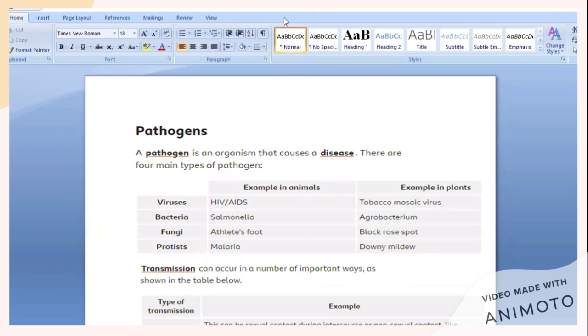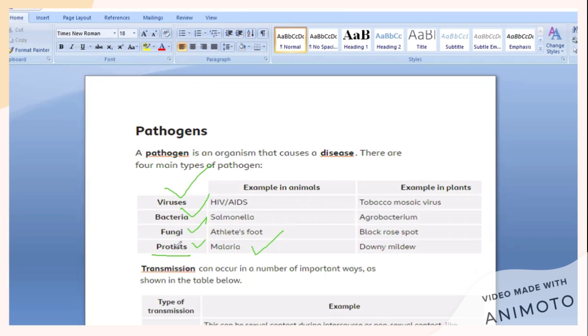Pathogens, four types of pathogens we discussed: virus, bacteria, fungi, and protoctista. Protoctista was protozoa, like for malaria. What was the name of the protozoa for malaria? Ahmad Huzaifa, you tell me. Plasmoid. Yeah, the pathogen which was causing malaria was a protoctist.